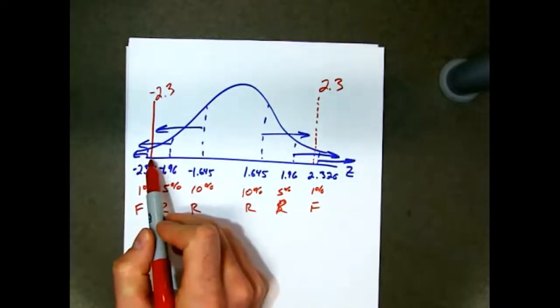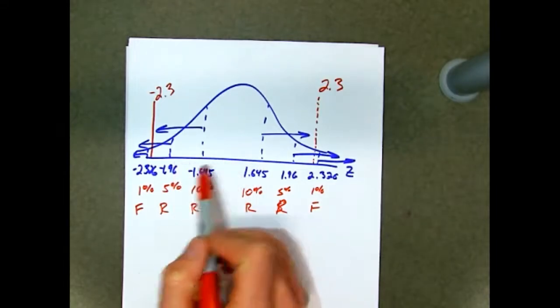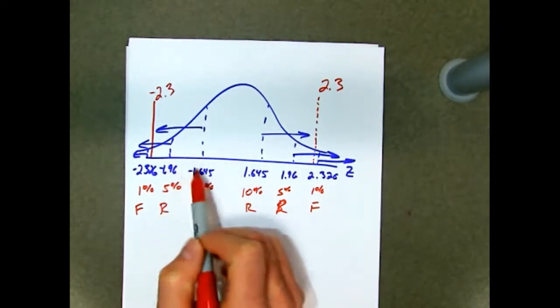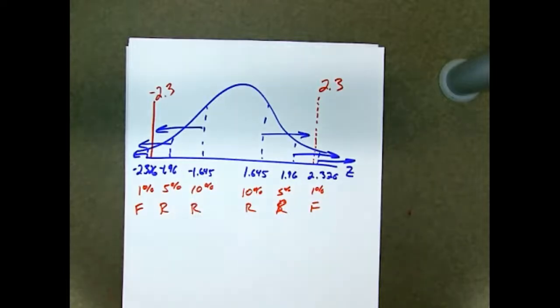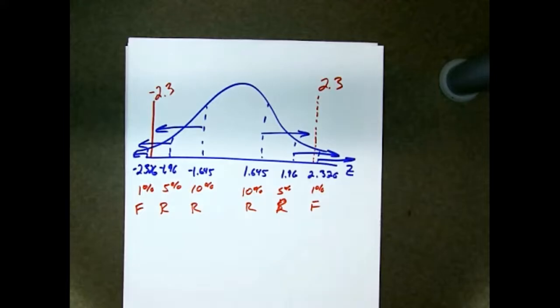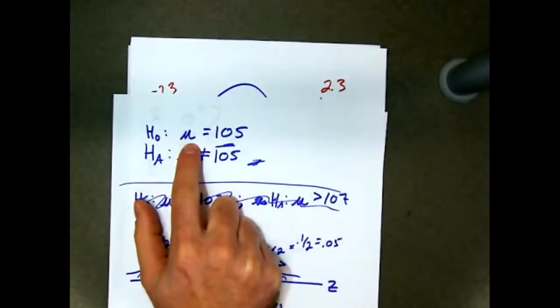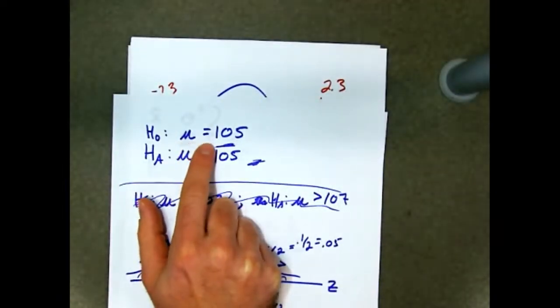If I saw something 2.3 standard deviations below the assumed true value, that's enough to reject at the 10 and 5% level. Same thing if I saw sample evidence that led to a test statistic 2.3 standard deviations above that assumed true mean. Either side goes against the null, so I'm still going to end up rejecting at the same levels, regardless of whether I saw sample evidence above or below that assumed true value, because now it's just one value, right?